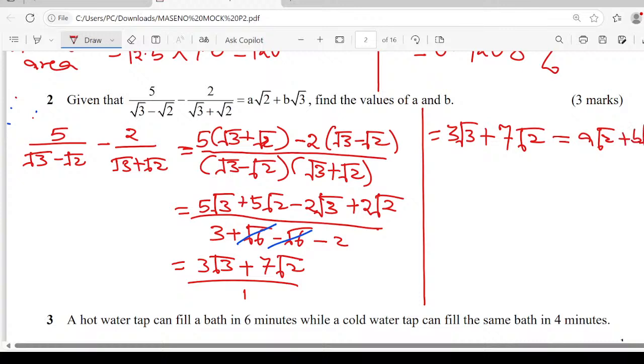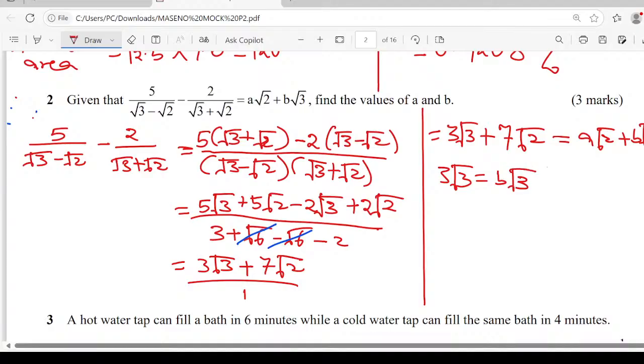plus b root 3. Again, I repeat, if you want to know the terms that are like each other, look at what is inside the root. For example, 3 root 3 is similar to b root 3. I can see 3 root 3 being equal to b root 3.